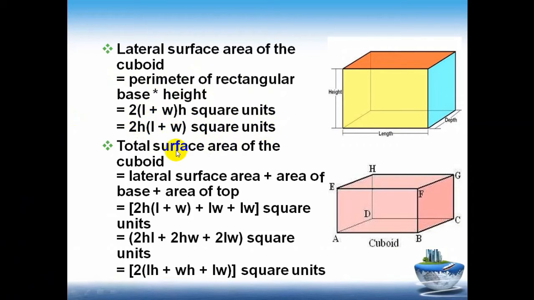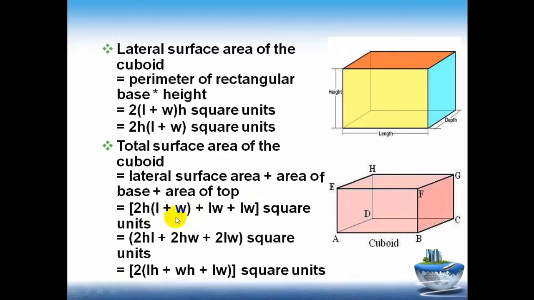Now the total surface area of a cuboid. Total surface area of a cuboid is equal to lateral surface area plus area of base plus area of the top. So this can be written as 2h into (l plus w) plus length multiplied by width plus length multiplied by width square units.